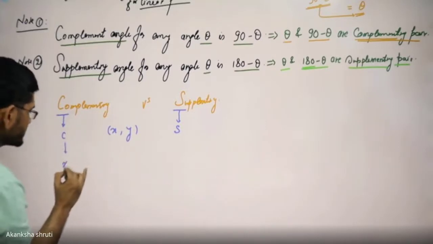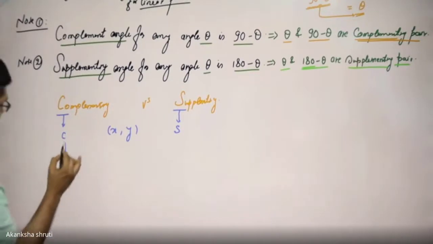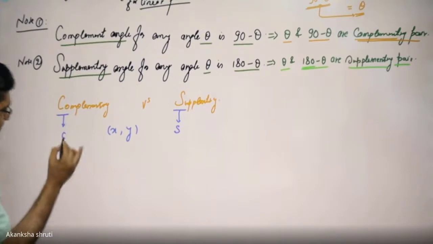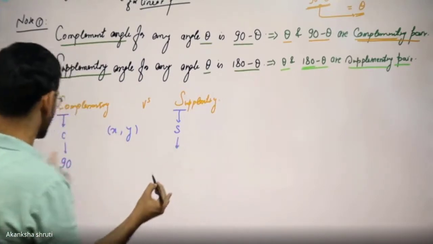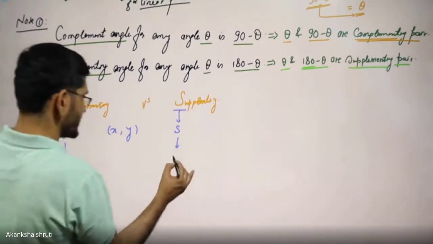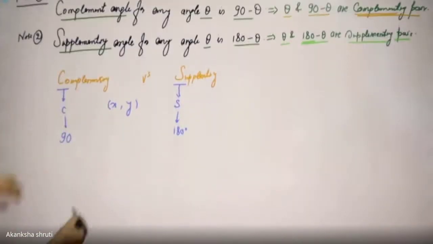So this can be 90 only. Just keep in mind complementary is related to 90 because C comes before S. In order, C comes before S, and 90 comes before 180. This way you have to keep it in mind.